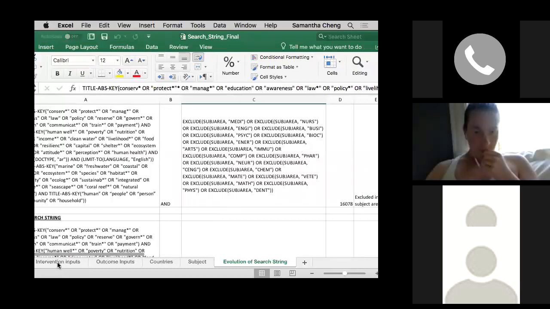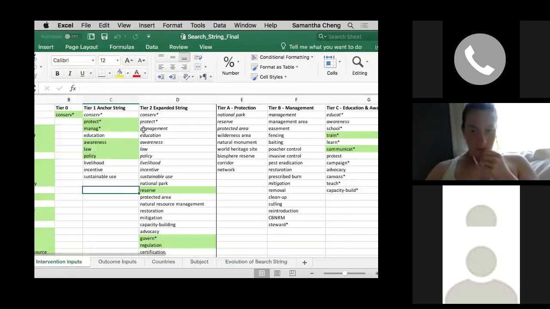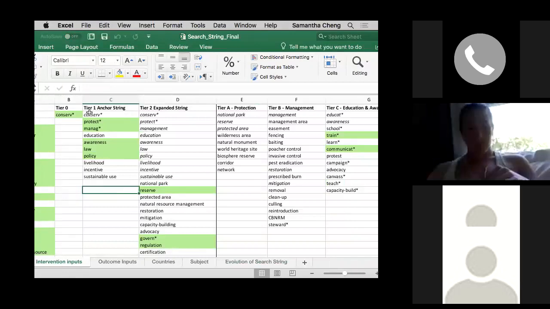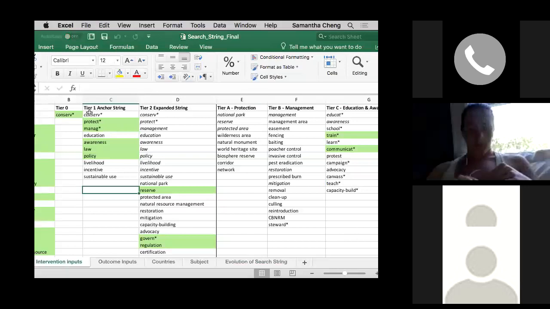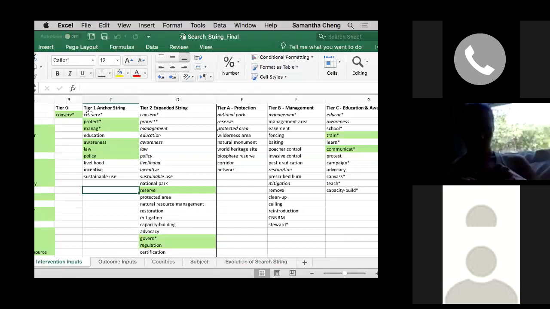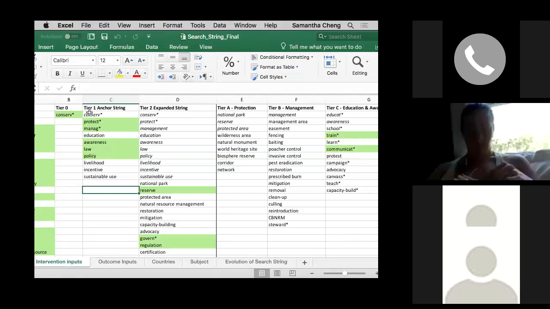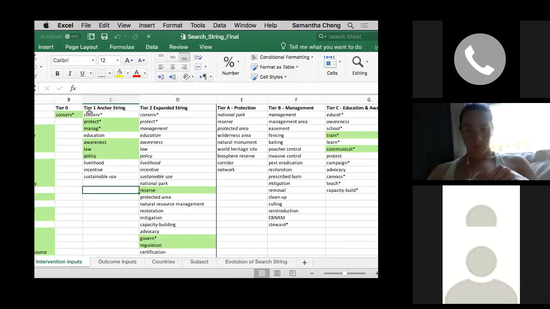Okay, so you can see here in the beginning, we call them tier 1 and tier 2, but we were trying to think of all the possible terms we could use. And so we started pretty broad, saying like, okay, we're talking about conservation. That's a very broad term. Okay, now how do we get more specific about conservation? What are the ways in which we talk about it? Okay, let's expand on that even further. What are more terms we might want to think about?